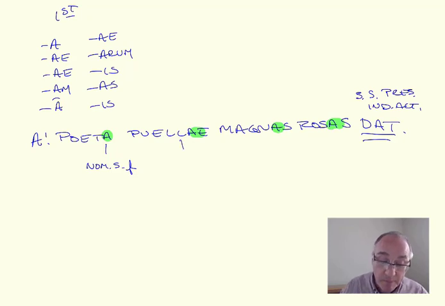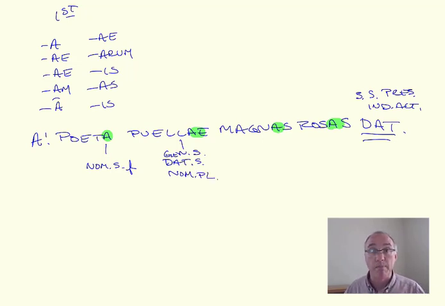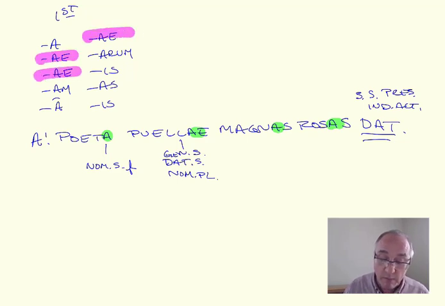Puellae could be genitive singular, it could be dative singular, or it could be nominative plural. So we've got a couple different options for puellae. We don't know what it is yet. That's fine. We'll stick with that.